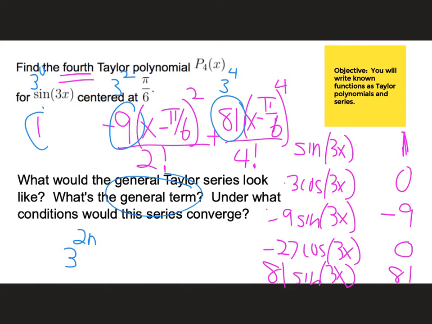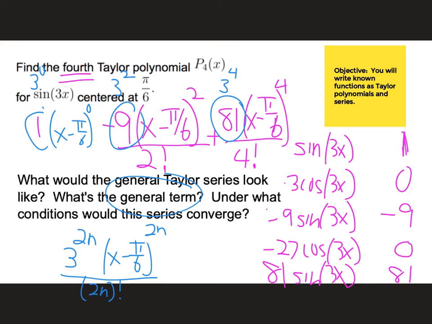So 3 to the 2n, and then x minus pi over 6 to the 2n, over 2n factorial, because it's going to go 0, 2, 4, 6, etc. Don't confuse the fact that we skipped some pieces, because the odd derivatives went away.